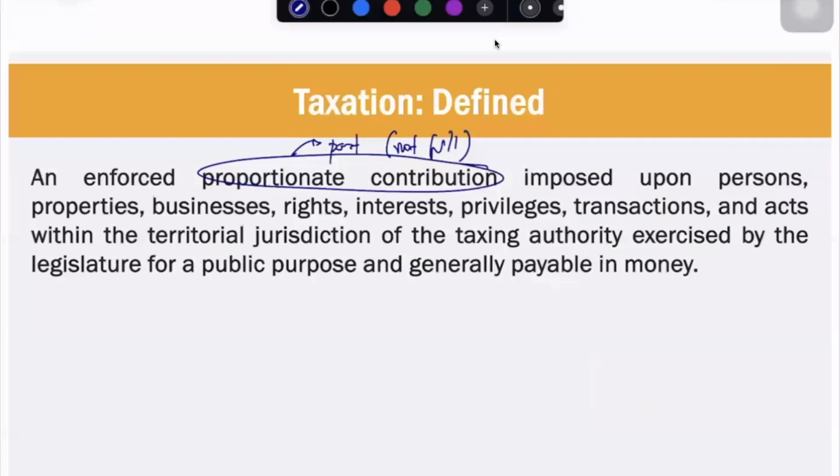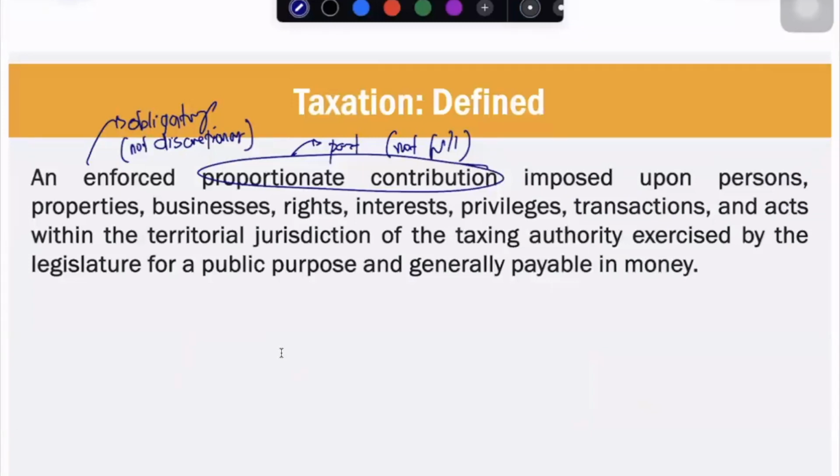When we say enforced, it is obligatory. So why is it obligatory? Because it is a compulsory contribution as a means to defray the expenses of the government. Therefore, it is not discretionary.